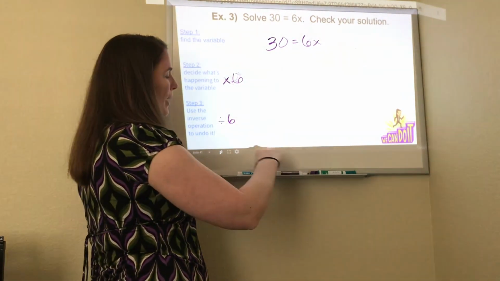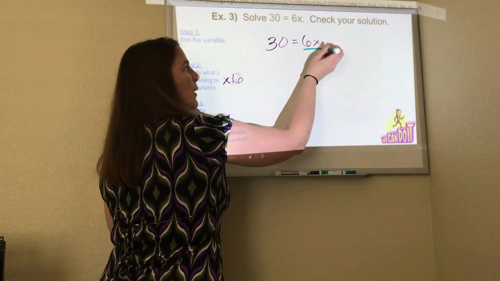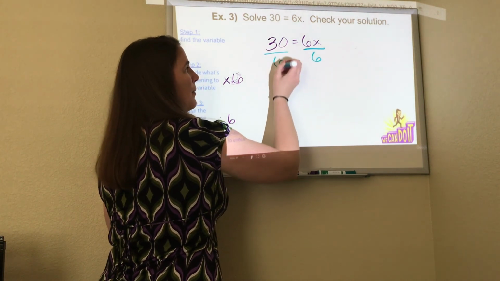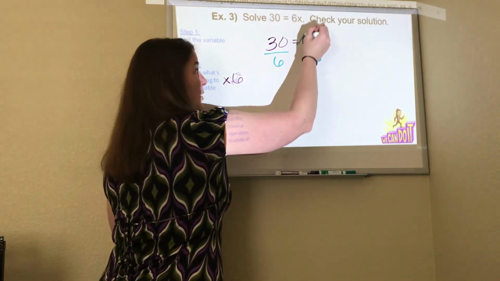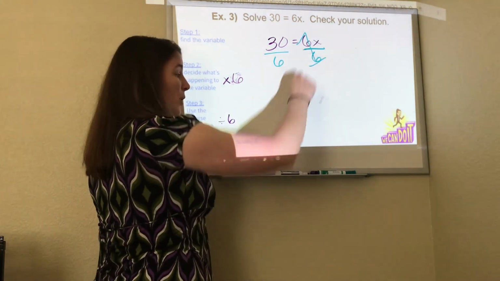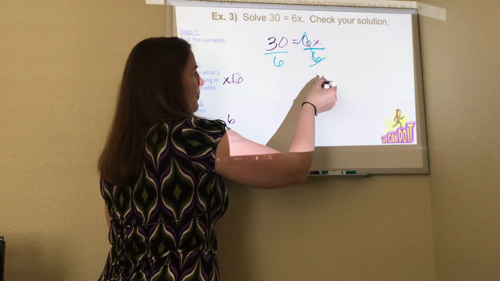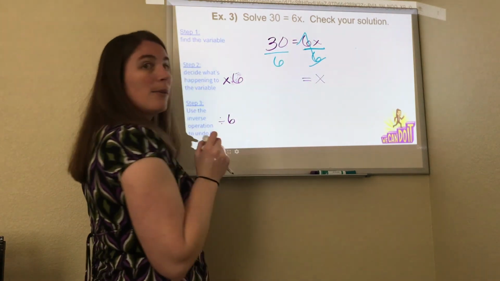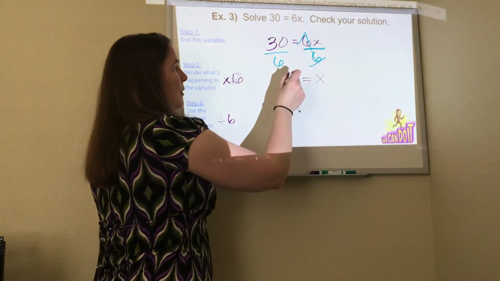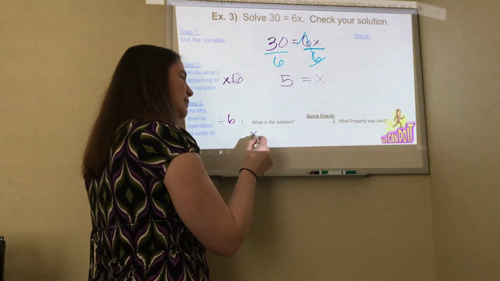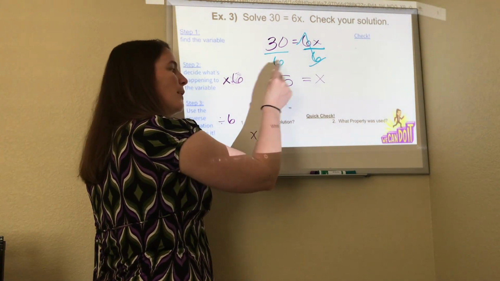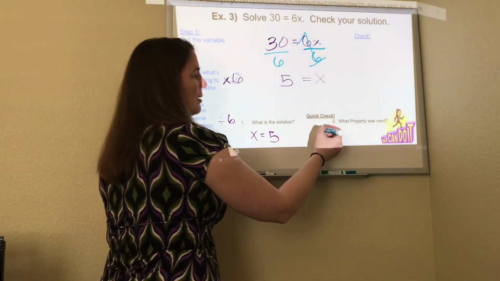So we're going to divide by 6 on both sides. This gives me 6 divided by 6. That's my giant 1, which is 1. So I'm left with x on the right side. And then 30 divided by 6 is 5. So my solution is x equals 5.